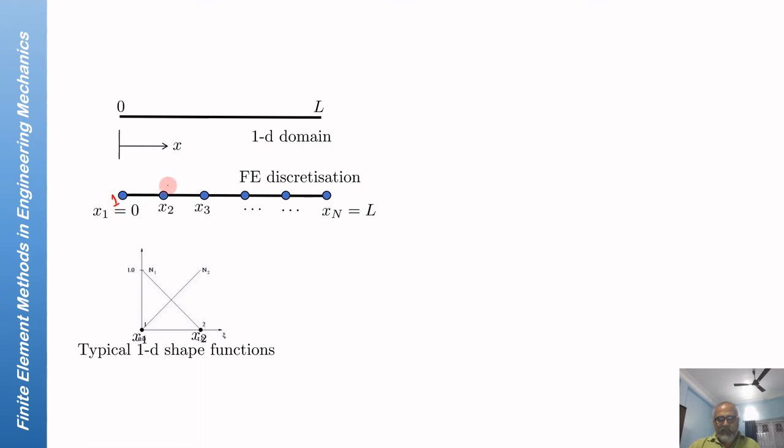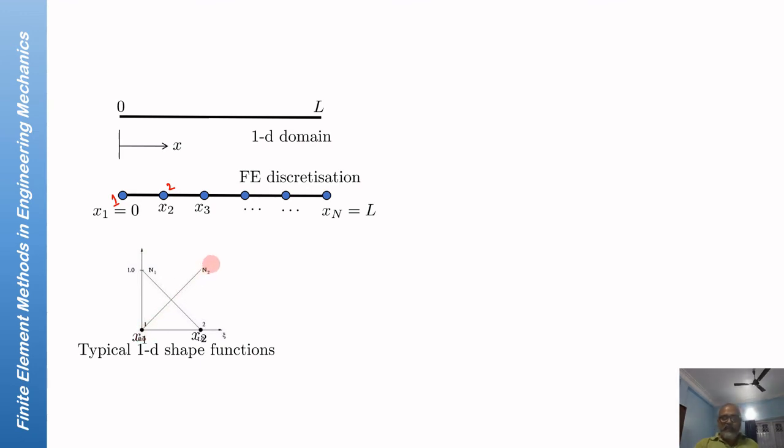This is 1 and this is 2. At node 1, shape function N1 must be 1, and at node 2 it must be 0. So it's a linear function. It has to be linear because there are only 2 points from which you have to determine the shape function. So it is a linear shape function that goes from 1 at node 1 to 0 at node 2. Similarly, the shape function N2 has to be 0 at node 1 and 1 at node 2. So it will go the other way, and it will again be a linear function that goes from 0 to 1.